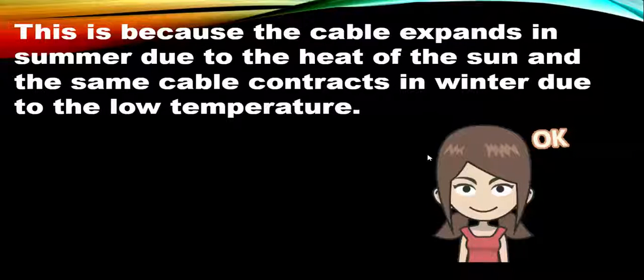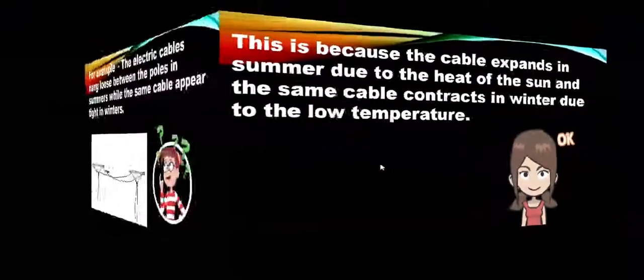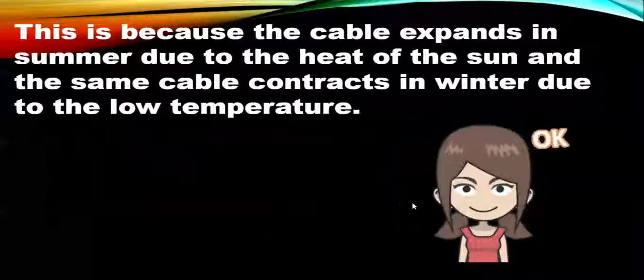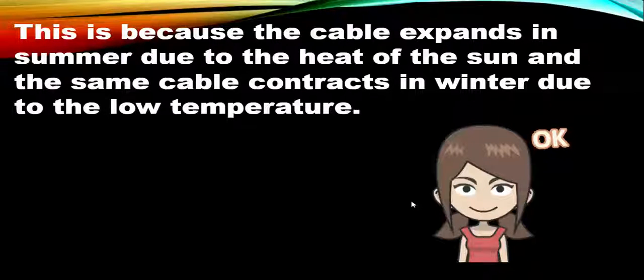This is because the cables expand in summer due to the heat of the sun, and the same cable contracts in winter due to the low temperature. Children, I hope now it is clear to you all that expansion of matter happens due to heating and contraction of matter happens due to cooling.